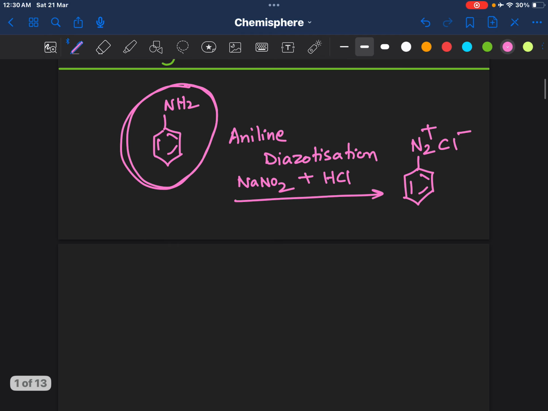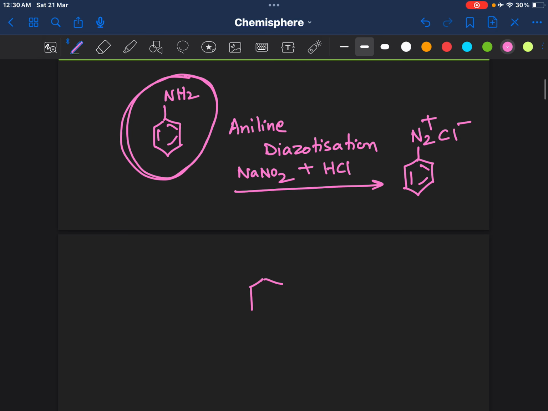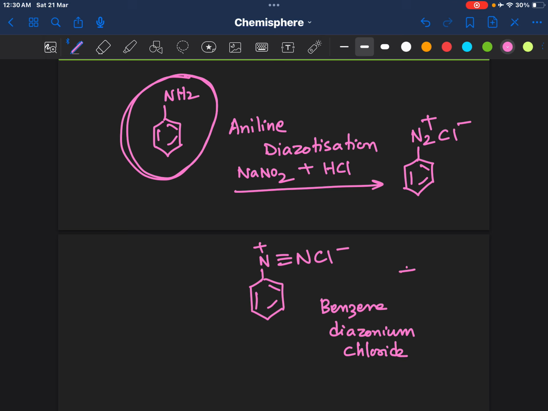In detail, this is the structure, known as benzene diazonium chloride, and obviously we get water as a side product.